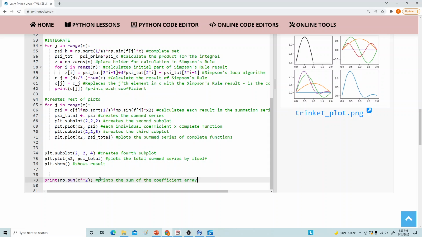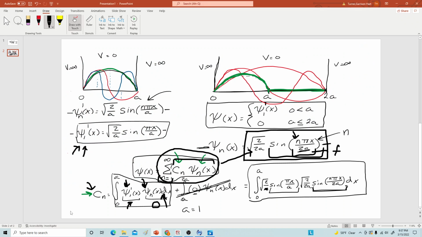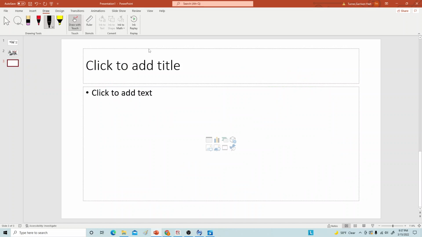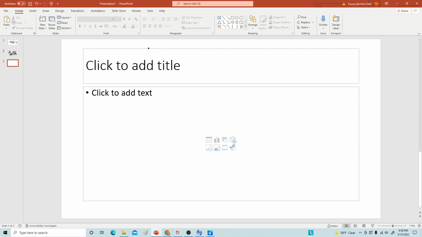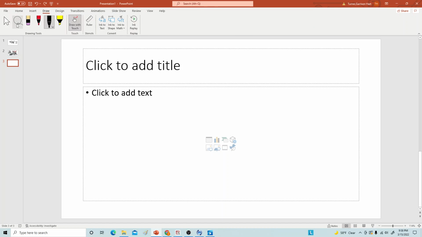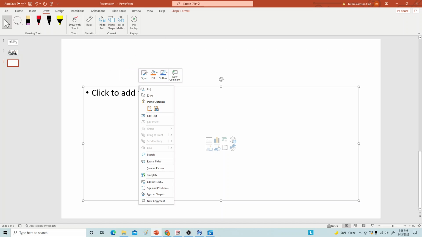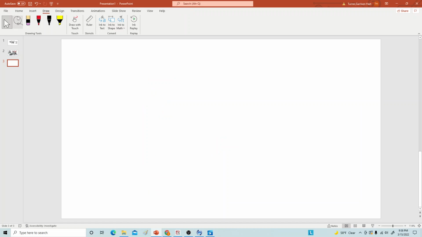But in quantum mechanics, the reason that this line of code is important is because when you go through a calculation like this, these Fourier coefficients actually relate to the probabilities of making measurements of specific values. And probability cannot add up to more than 1.